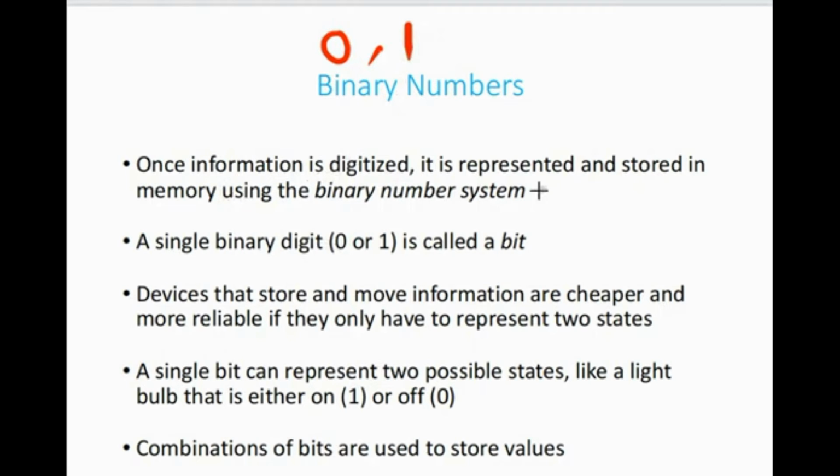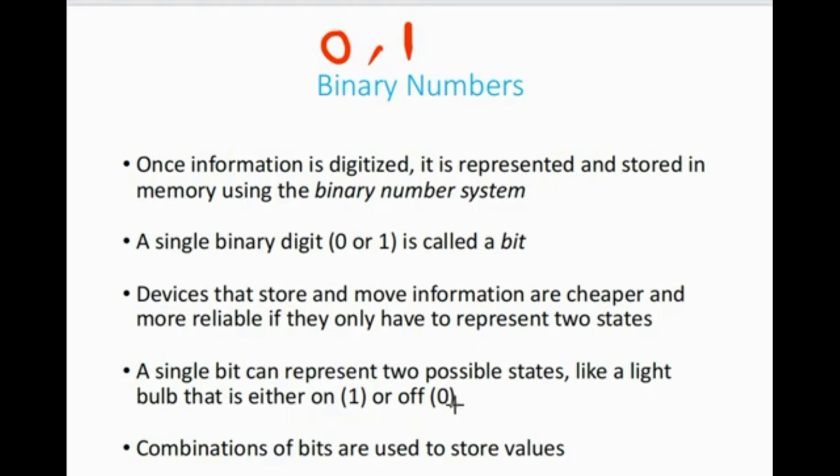A single binary digit is either a 0 or a 1, and that is called a bit. Devices that store and move information are cheaper and more reliable if they only have to represent two states. So a single bit can represent two possible states. It may be a light that is either on, represented by a 1, or off, represented by 0.